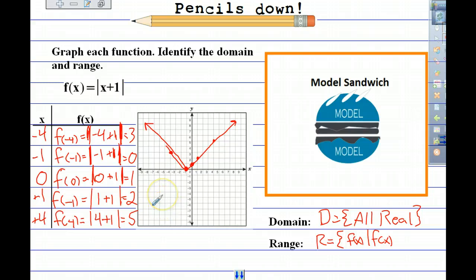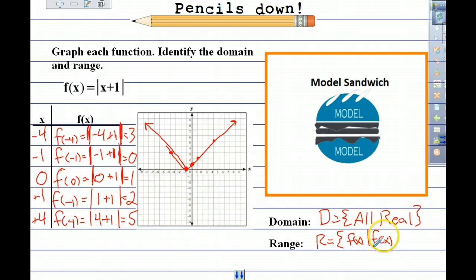Do you see any y values down here? No. Remember, y's are the answer. All these y's have no graph. That means they're not answers. So none of these negative numbers are answers.